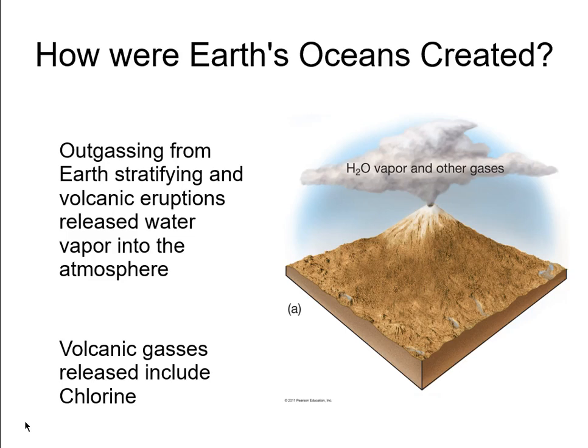So when we have outgassing, that means that we're going to end up with water in the vapor form or in the gas form, right? You're sitting somewhere right now, and although you can't see it, there is water vapor around you, okay? That's water in the gas form.